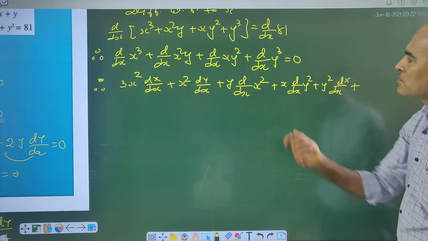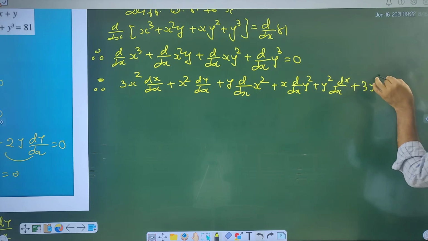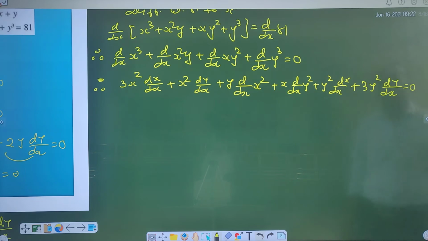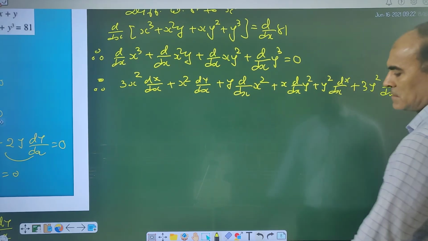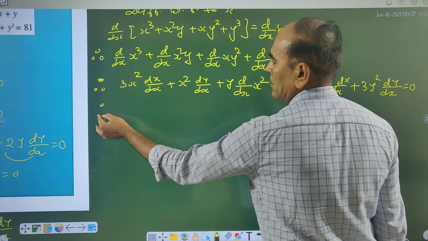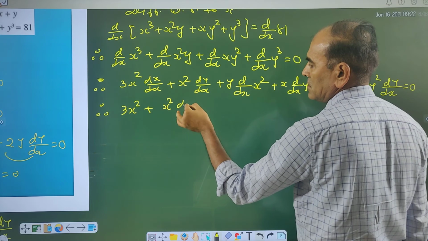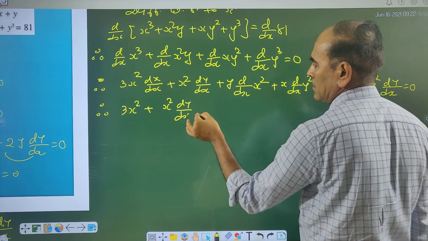Plus some function raised to n, 3 times some function raised to n minus 1 into d by dx of some function is equal to 0. Okay? Yes. So what do we get here? Here we get 3x squared. Here dy by dx.